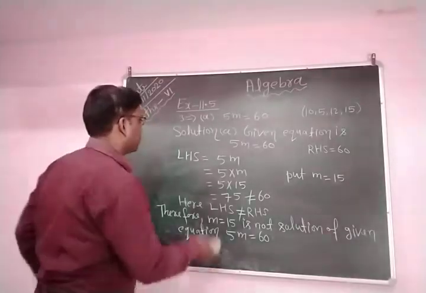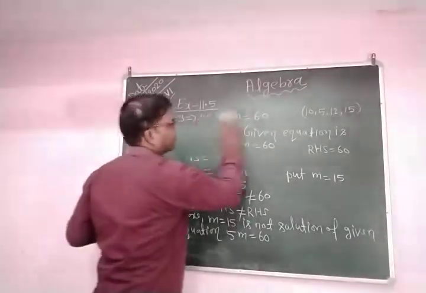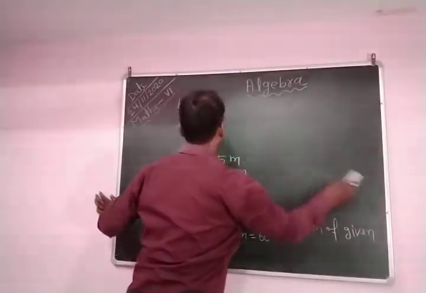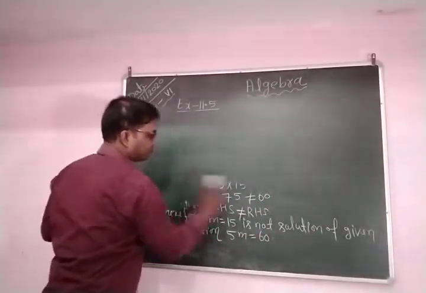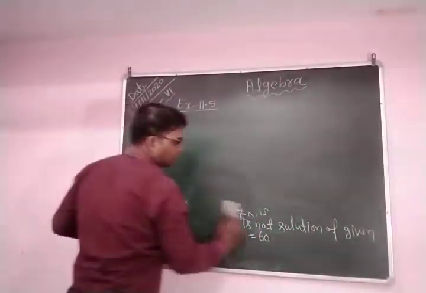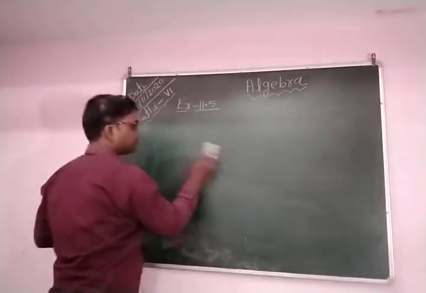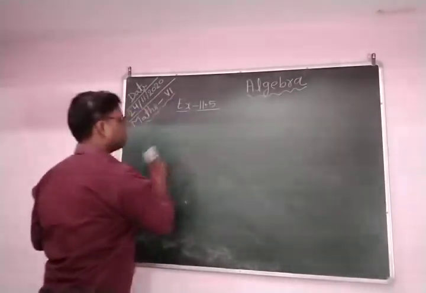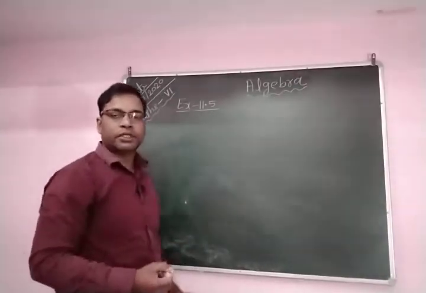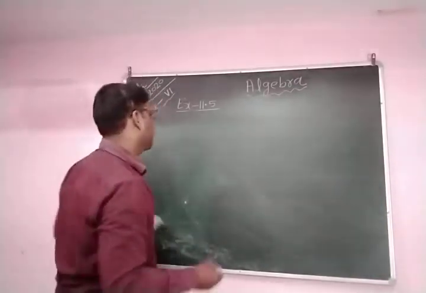Let's see the second part, B part of question number 3. B part of question number 3 is n plus 12 is equal to 20.